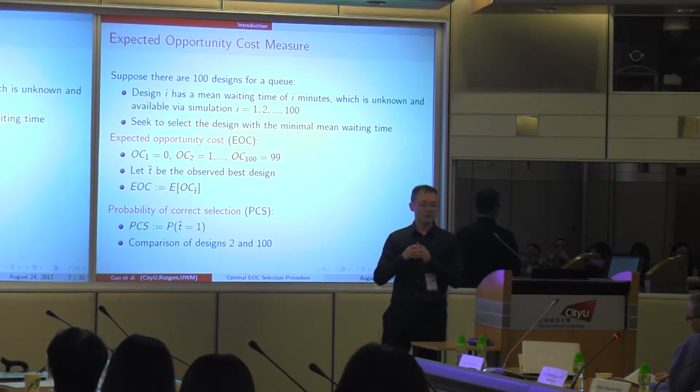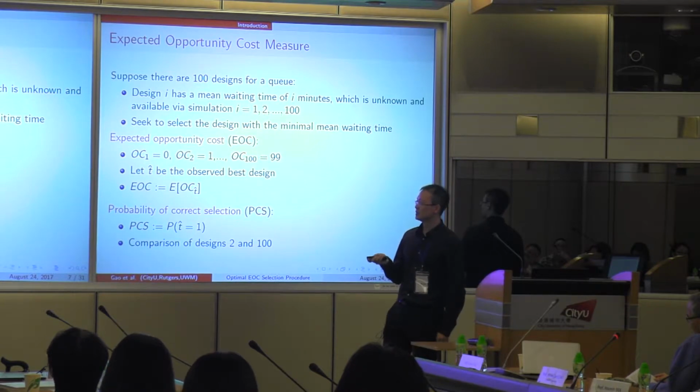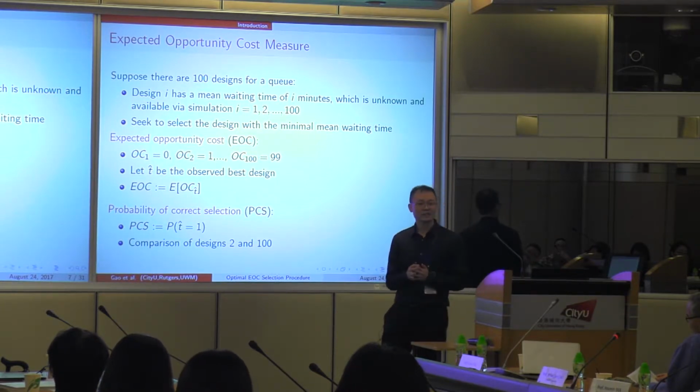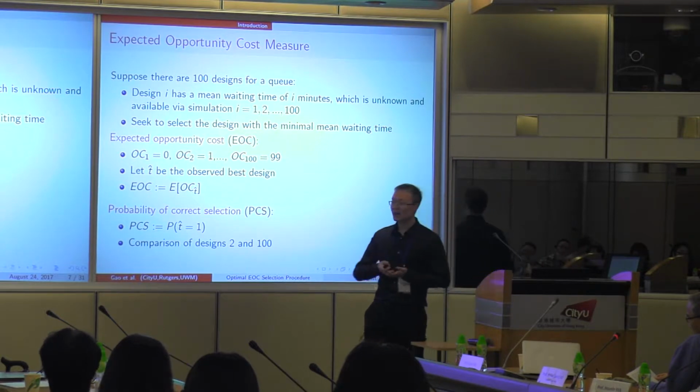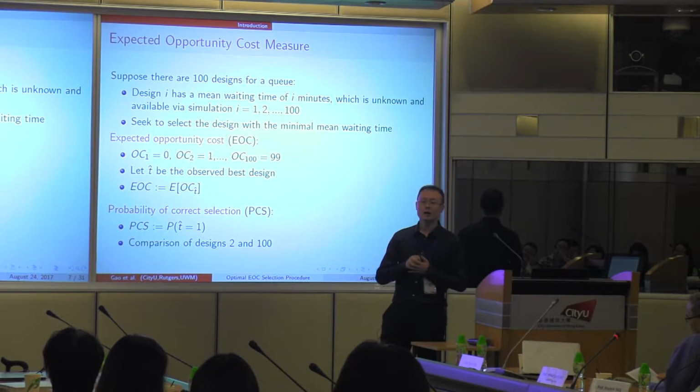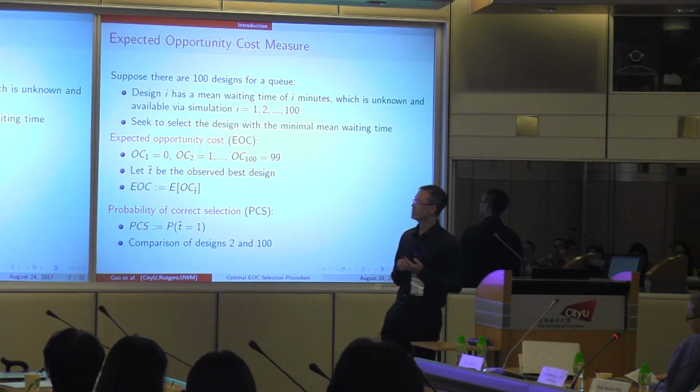But from the decision maker's point of view, selecting design 2 and design 100 is quite different. Design 2, although not the best design, already performs very close to the best design. So we are okay if we end up selecting design number 2. But we are very reluctant to select design 100 because its performance is far from the best design.